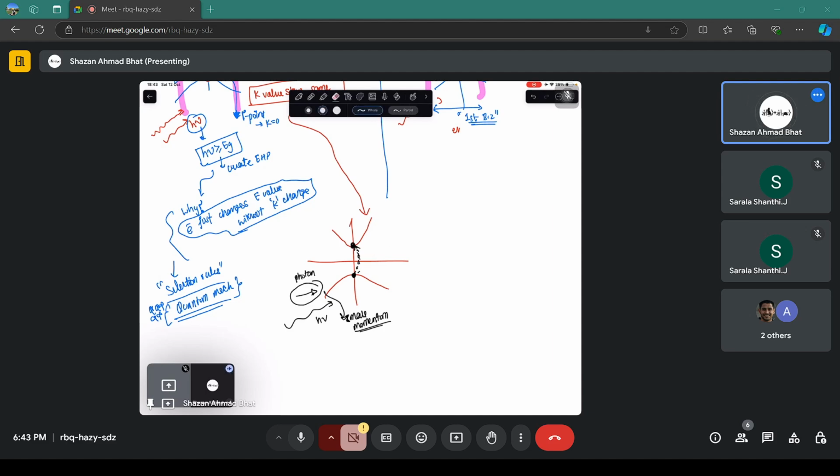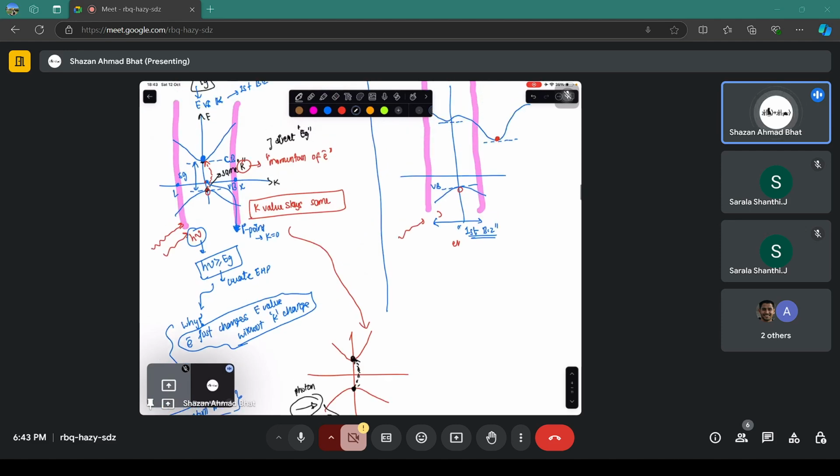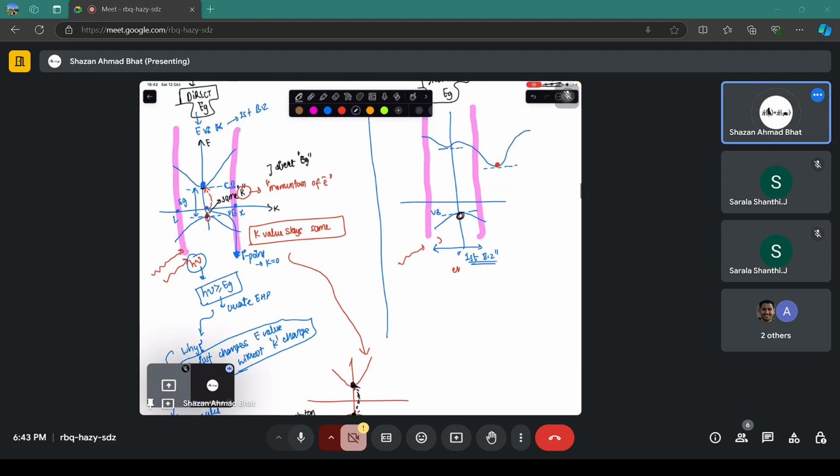All right. So now what makes this particular transition possible? Well, it turns out, let's say there are certain other processes happening in the system. It may so happen that the electron goes here.